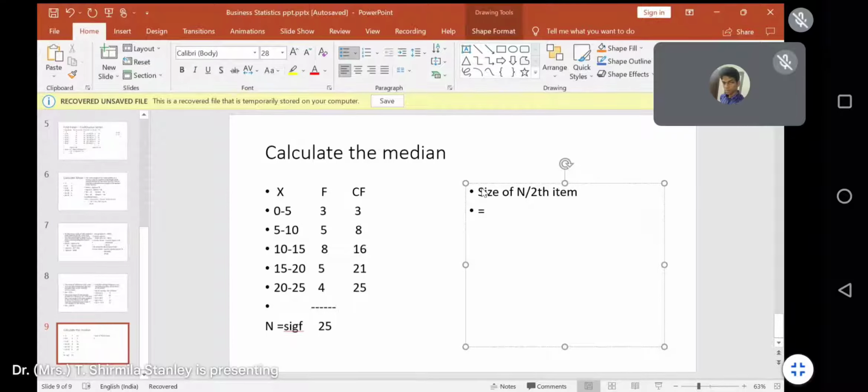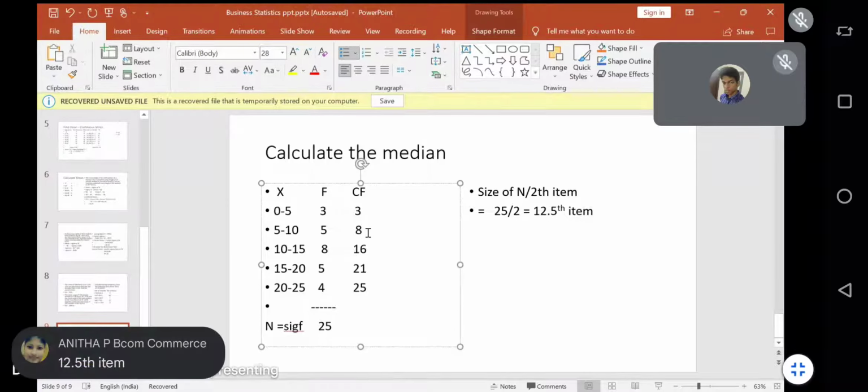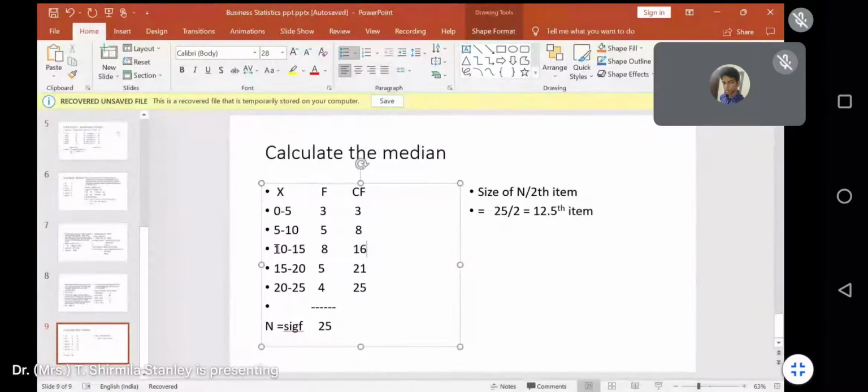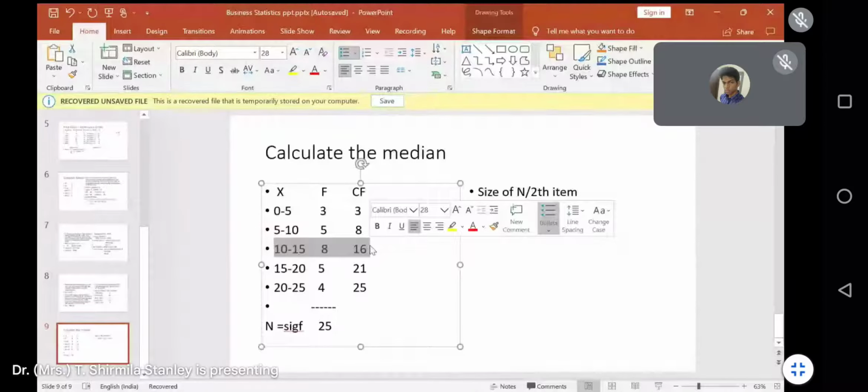So n by 2 will be 25 by 2. Which item could that be? 12.5th item. So 12.5th item would mean that up to 3 it is here, then from 4 to 8 you will find here, from 9 to 16 you will find in this particular class. So let me highlight that.